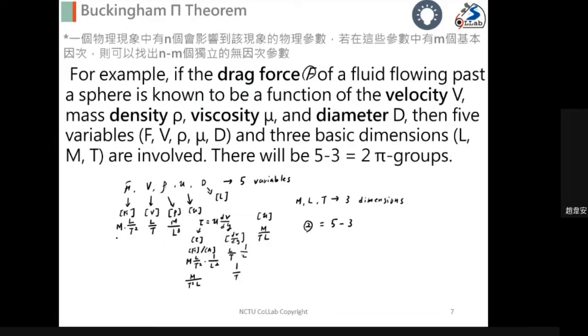We list all of the physical parameters and see what basic dimensions are involved in our problem, and then we take the total variables minus the number of basic dimensions, and we get the number of pi groups involved.